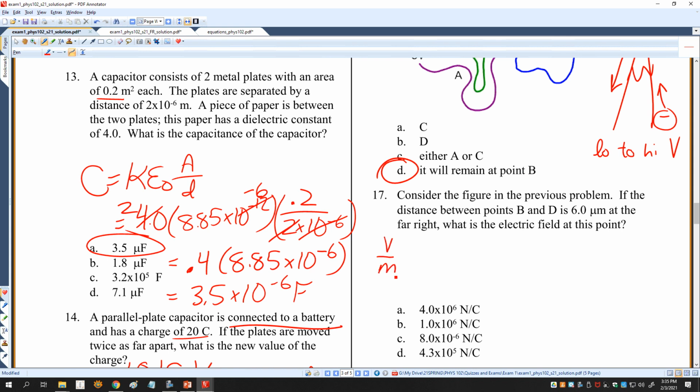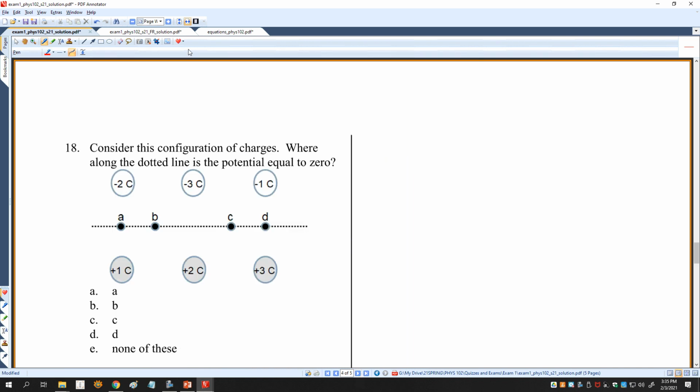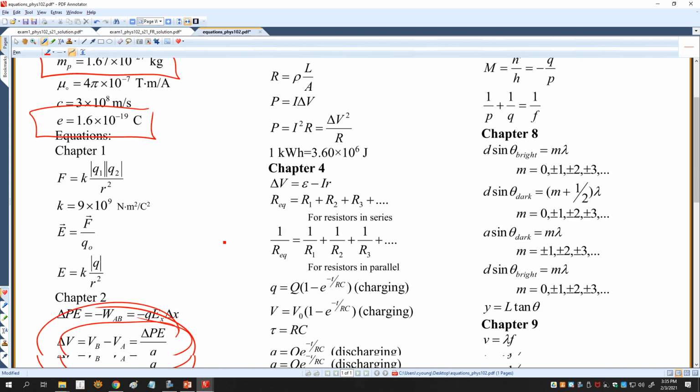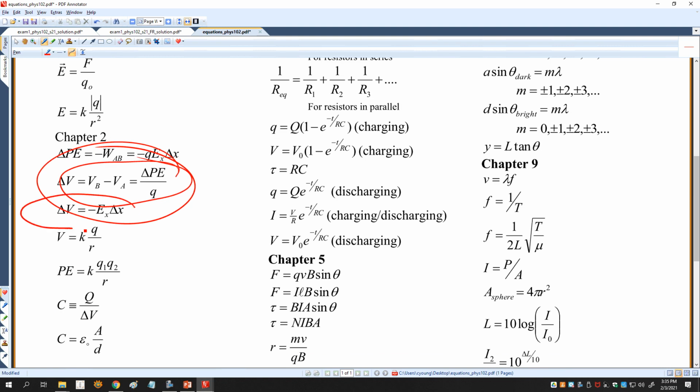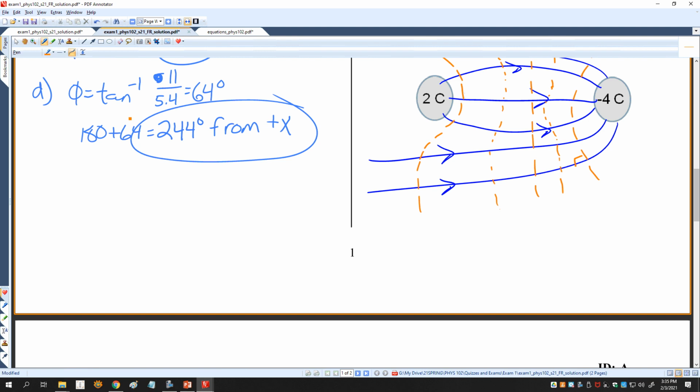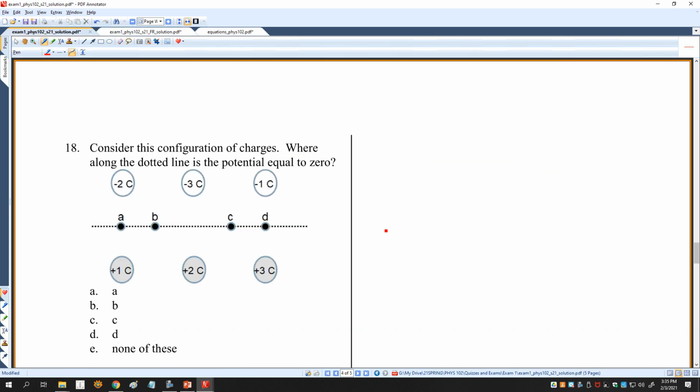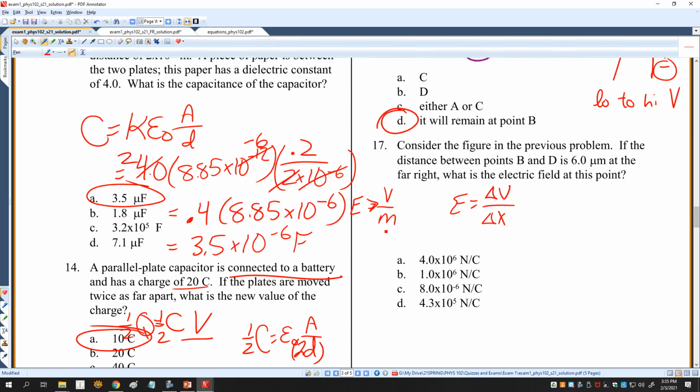Remember we had this unit for potential, volts over meters, for electric field that had that unit. So the electric field is equal to a potential difference divided by my delta X. That's on your equation sheet. On your equation sheet, where is it? Oh, it's right here, that relationship between V, E, and X. So I'm looking for the electric field.